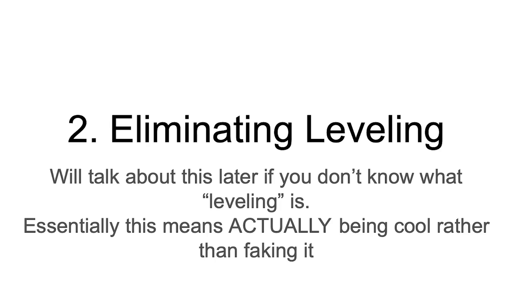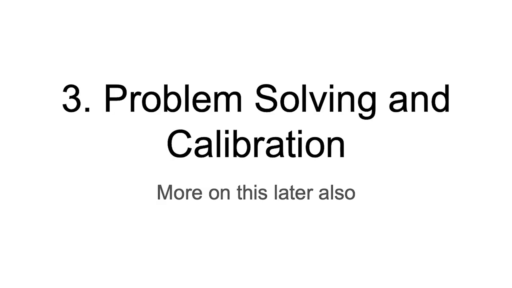But leveling essentially is when you're conveying low-value behaviors, or you're conveying a behavior that tells the girl exactly what level you're at as a guy, tells the girl exactly how cool you are. So what eliminating leveling really means is actually being cool rather than faking it. And again, we're going to talk about how to do that later on in this presentation. And then also, work on problem solving and calibration. We're going to talk a lot more about that later on as well.